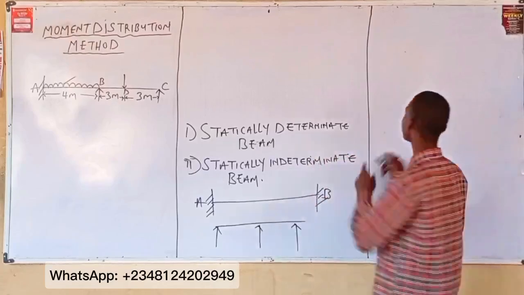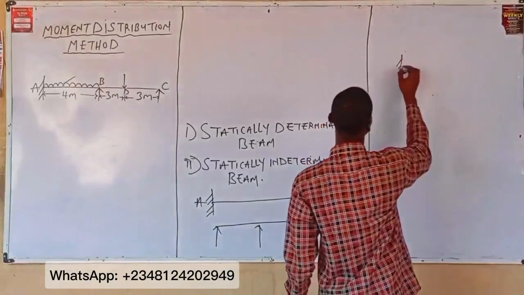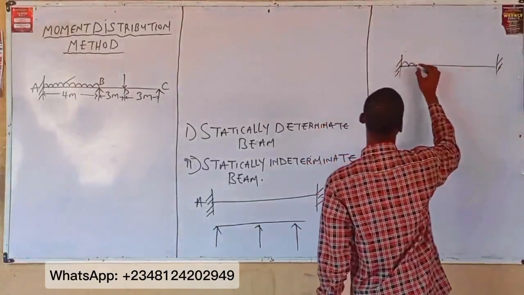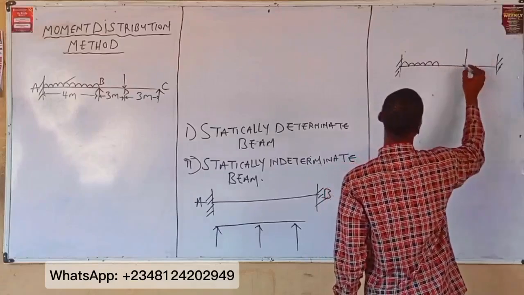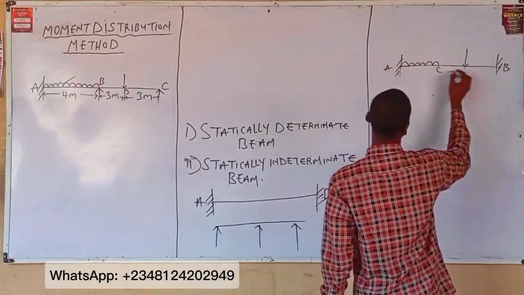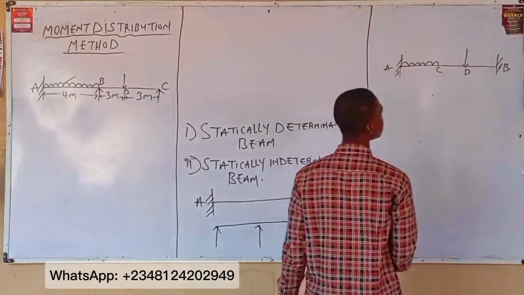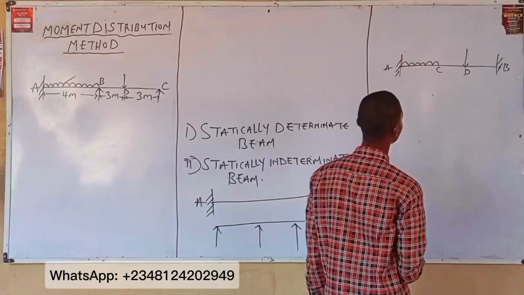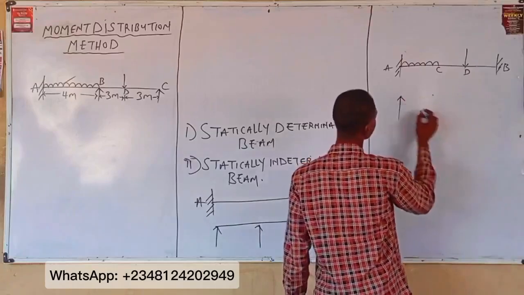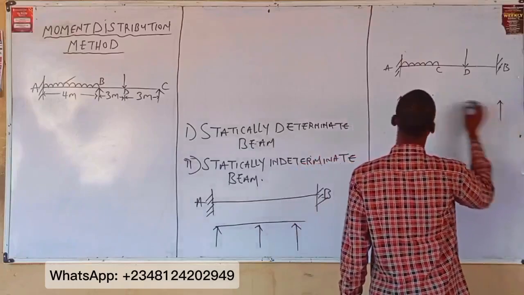Now let's say you have this fixed beam loaded with a UDL and a point load. Call this A, B, C, D. Drawing my free body diagram for this beam, it becomes this.